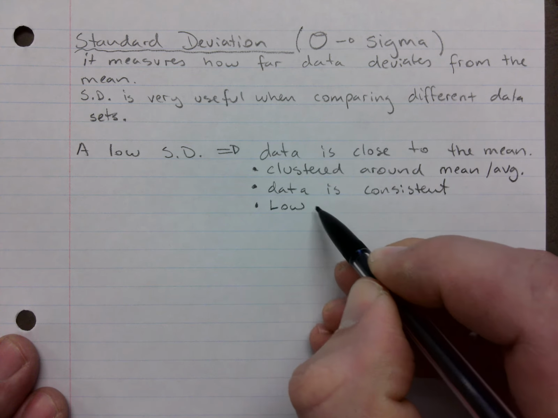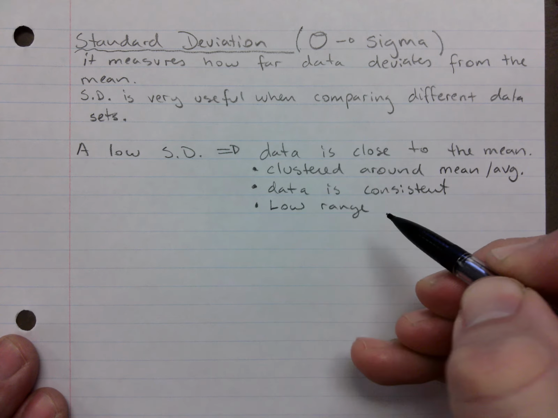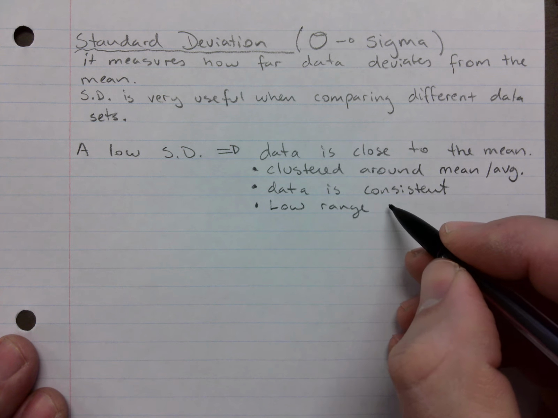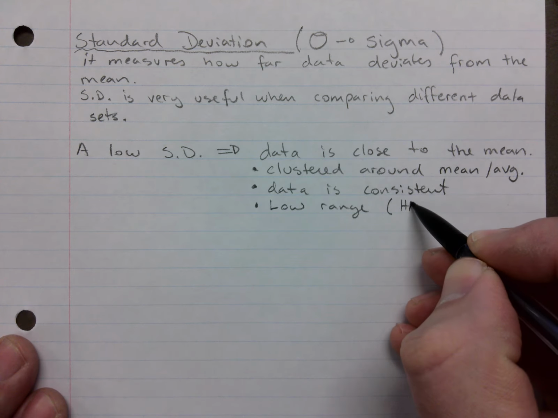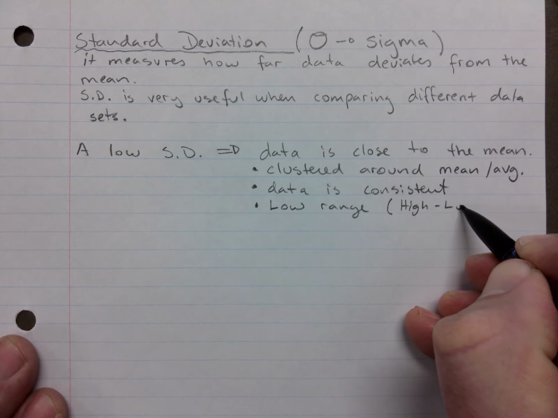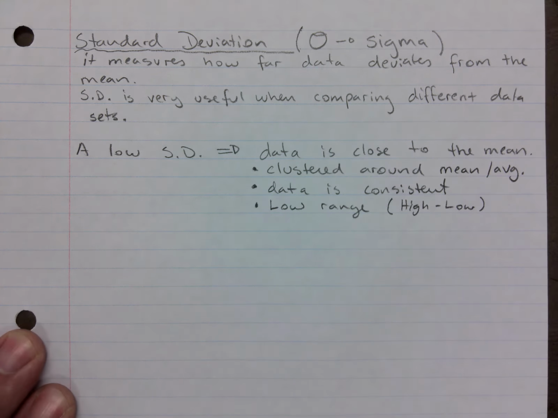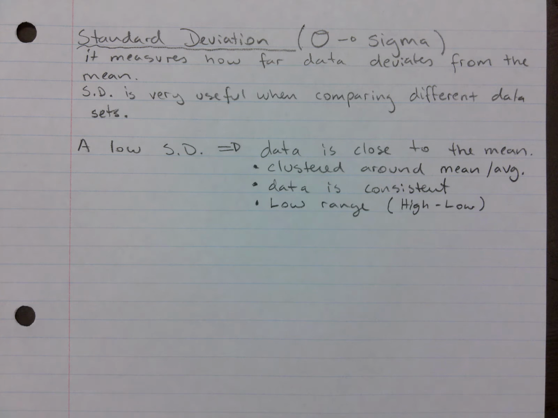You have a low range, okay? High minus low, right? So high minus low, remember that's your range. But the range, the difference between the lowest and the highest, is going to be small. So remember, right, if your range is small, that means that the data is compact, it's clustered around the mean, right?